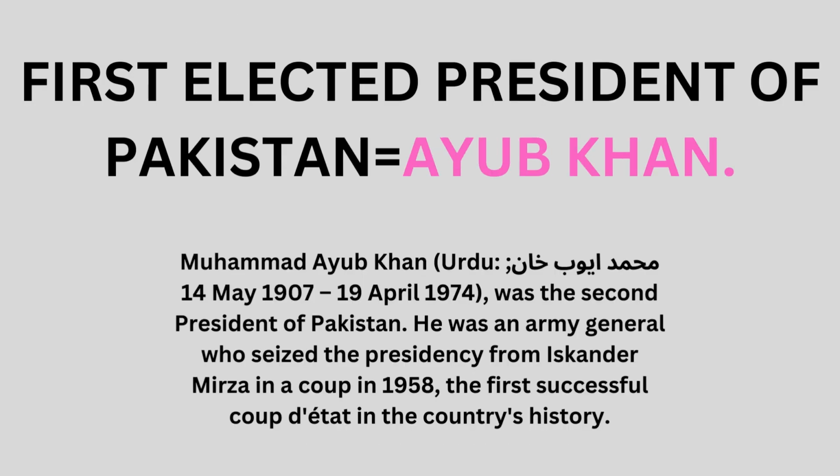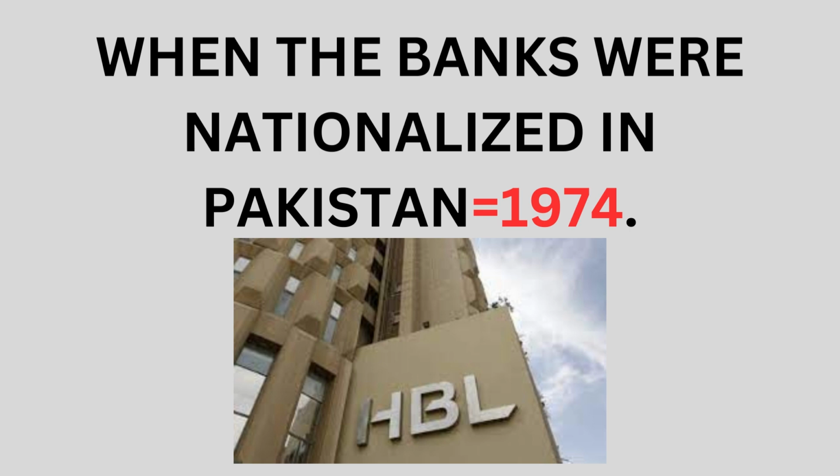And the first elected president of Pakistan was Ayub Khan, and Sikandar Mirza was the first president of Pakistan, but Ayub Khan was the first elected president of Pakistan. And when were the banks nationalized in Pakistan?